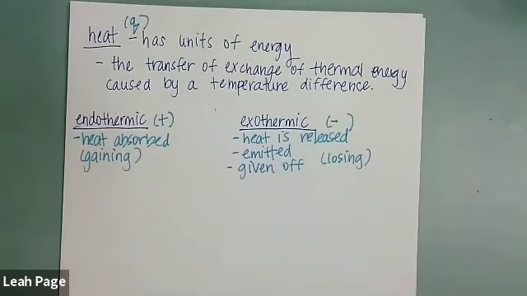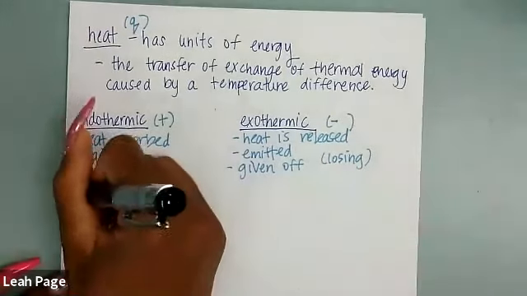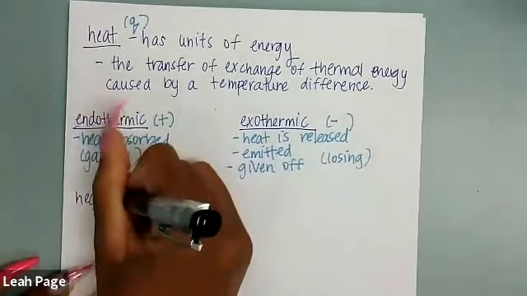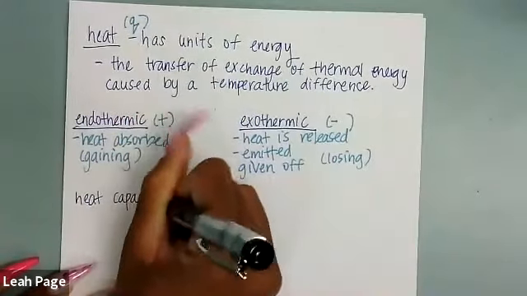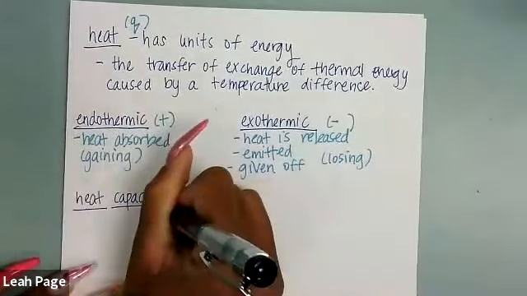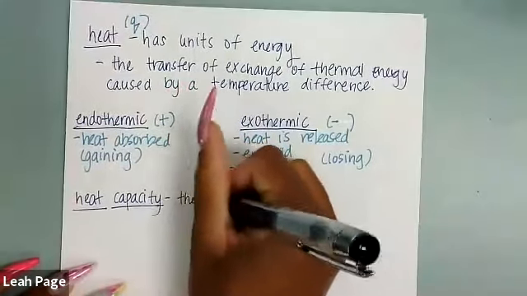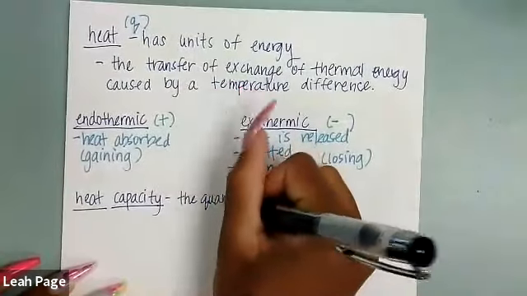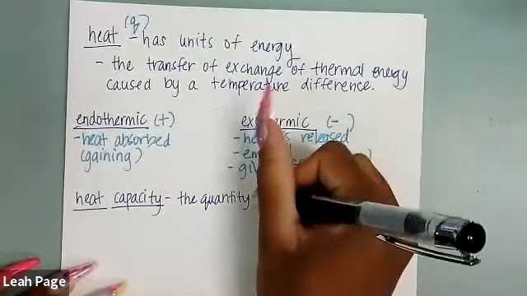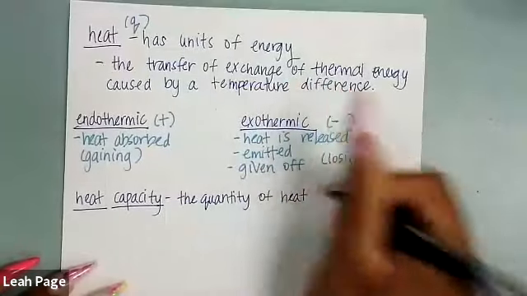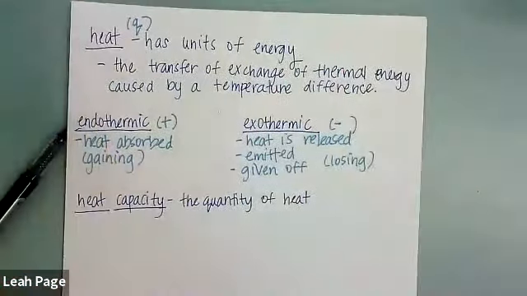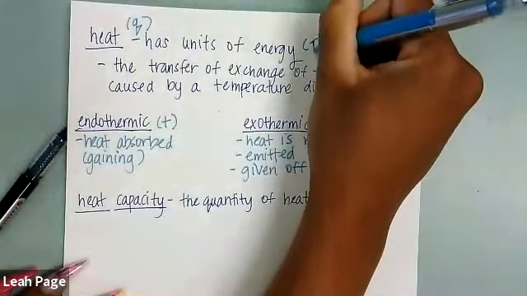All right, so we can also measure something that is known as a substance's heat capacity, which is important. Heat capacity is just the quantity of heat. And remember, heat has units of energy. So most of the time when we talk about heat, it's going to be in units of joules.